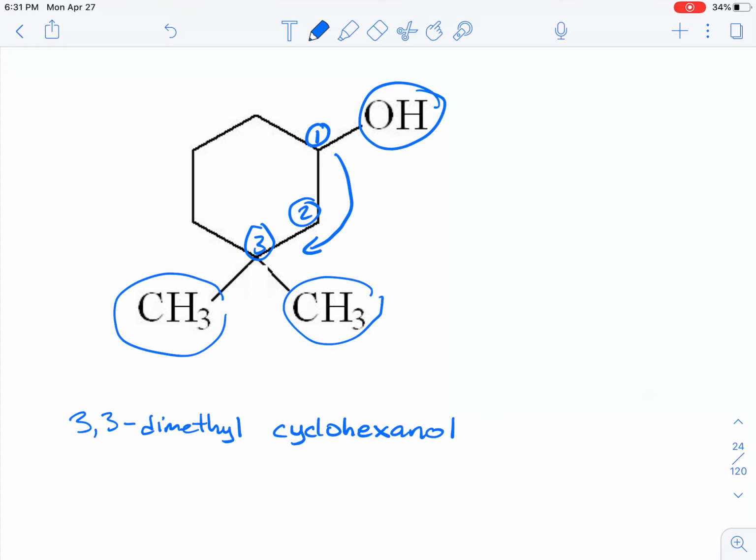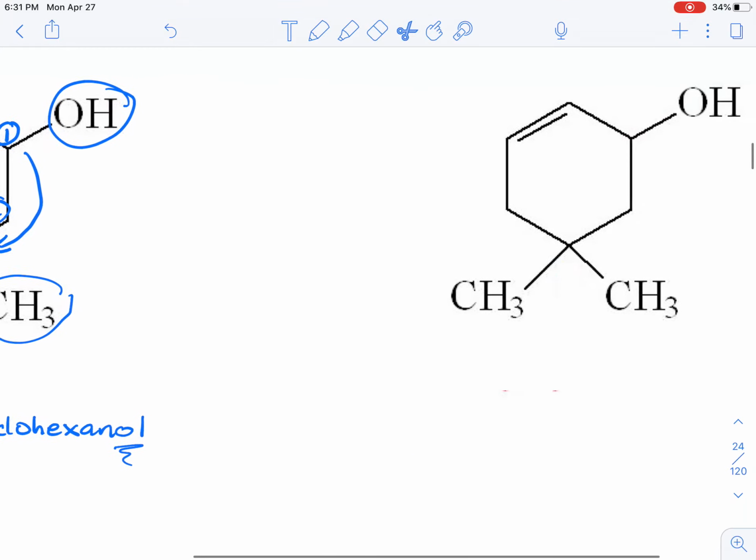And so I don't need to put a number to describe where that alcohol is located because it's implied in a ring that's always carbon 1. So I'm just going to scoot the 3,3-dimethyl over. And so that way it's just one word, and that would be my final answer.